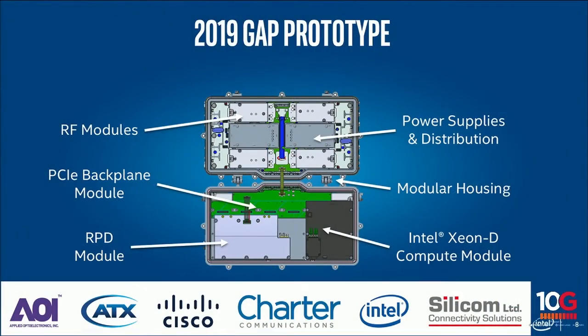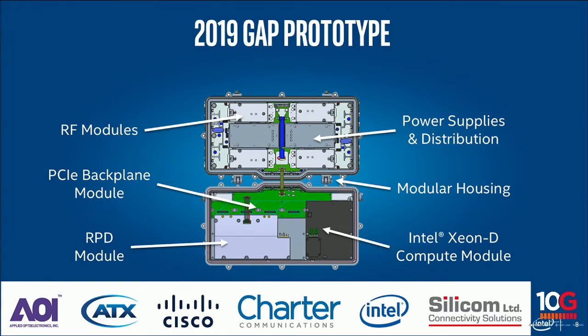So let me go back here. Before I tell you where to go see this, I want to walk through the components again and just fill you in on who supplied those components, again just highlighting the multi-vendor aspect of this. So first of all, there's the modular node housing itself. That design was supplied by ATX. And actually, one of our engineers at Intel worked with ATX to modify the lid side to accommodate our components on the lid side.